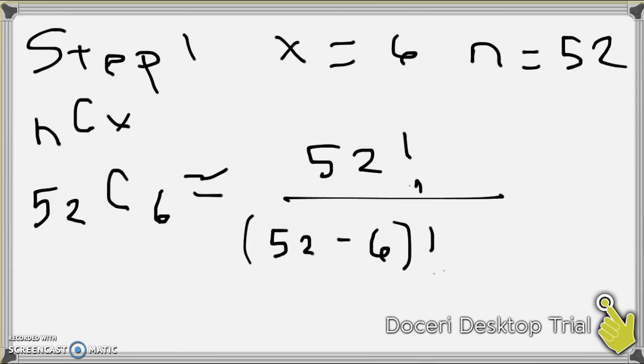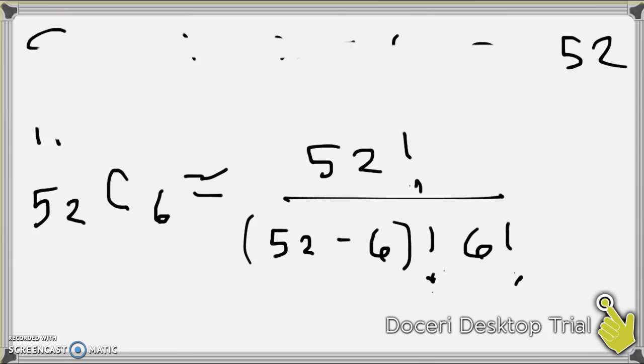I think that's n minus x. And then the last part of the formula is x factorial. So as you can see, this is the formula. We plugged everything in. Now we just need to solve this, so I'm going to erase up here and show you how to solve this.